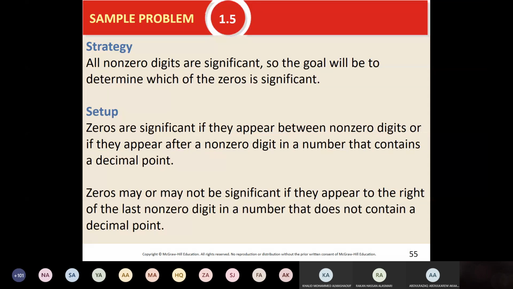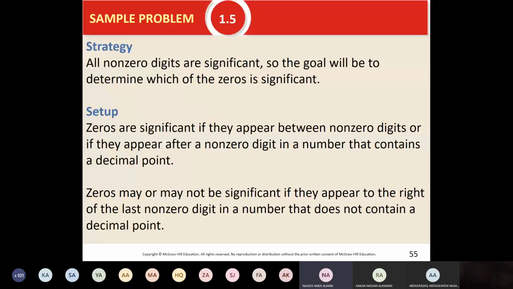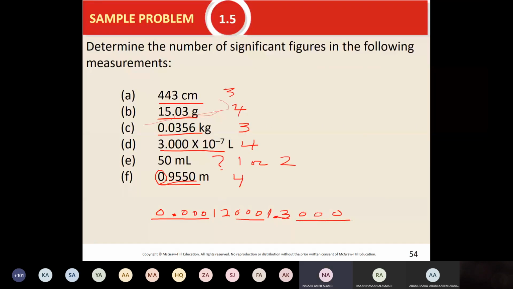All right. Now, Doctor, I have a question. Go ahead. Can you go back? What is the difference between A and E? Why do we say 3 in A and 4 in E?